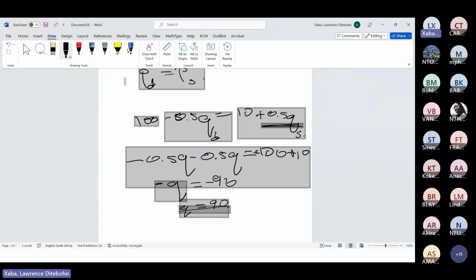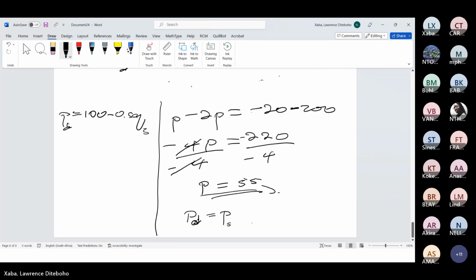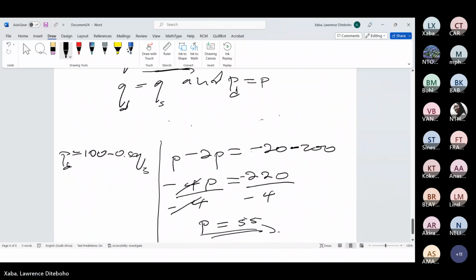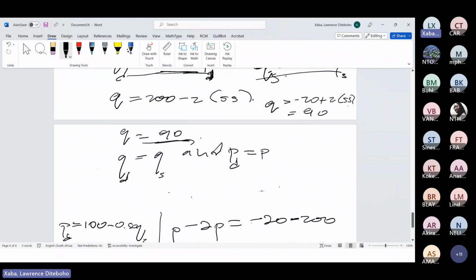And if our Q is 90, it takes us back to our first calculations. Remember, this is our first calculations. And if you look at our first calculation, Q is still 90.